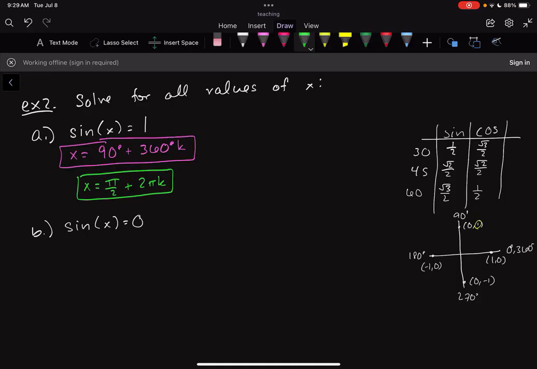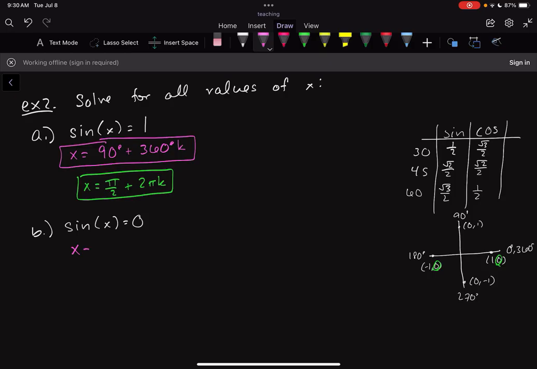Next one, sine x equals 0. I'm looking for where sine equals 0. It doesn't happen anywhere on the little table, but it does happen in two places here. So this one is very similar to cosine, where cosine happens to equal 0 in two spots that are right across from each other, so 180 apart. We're actually seeing the same thing here.